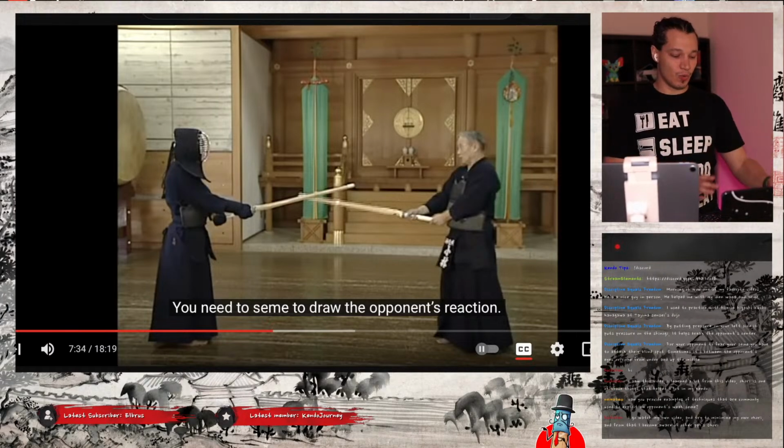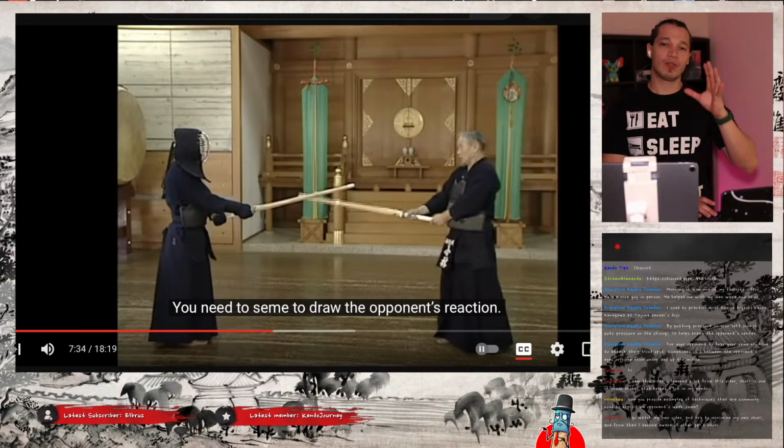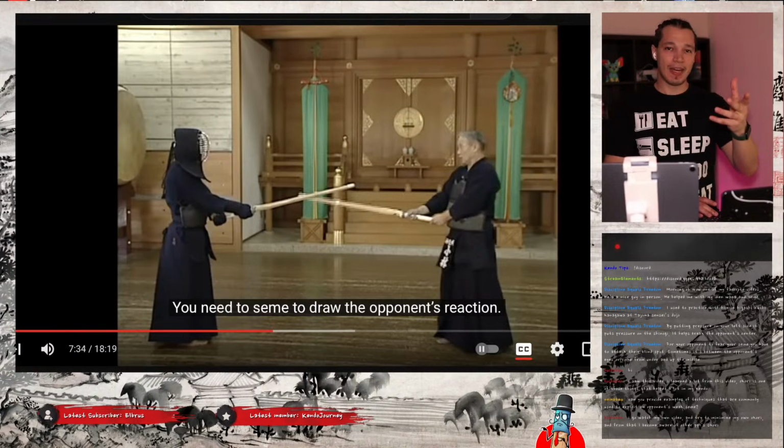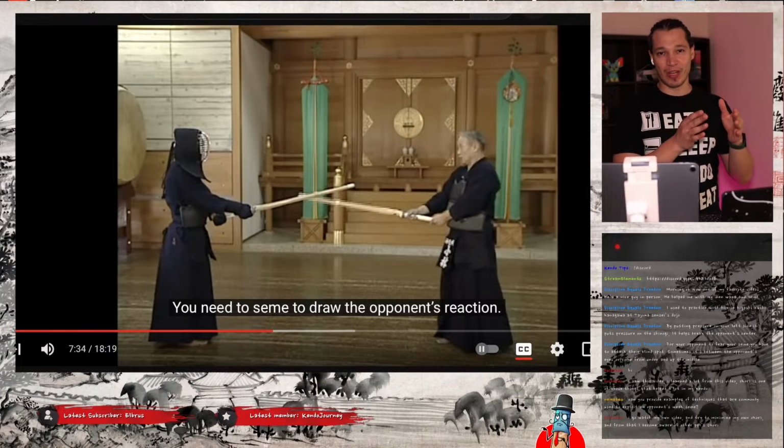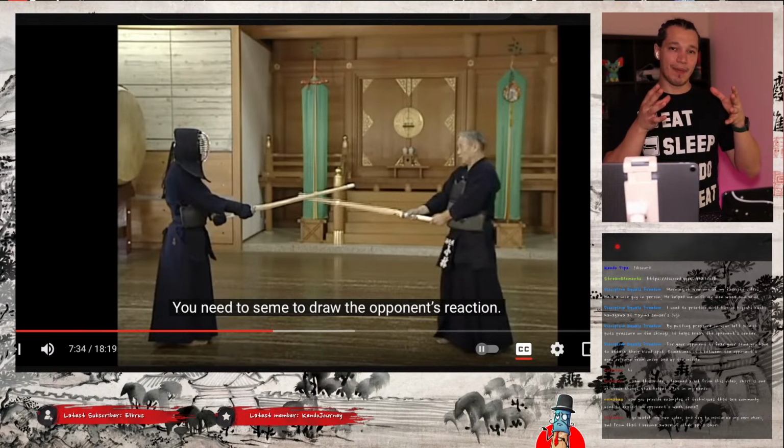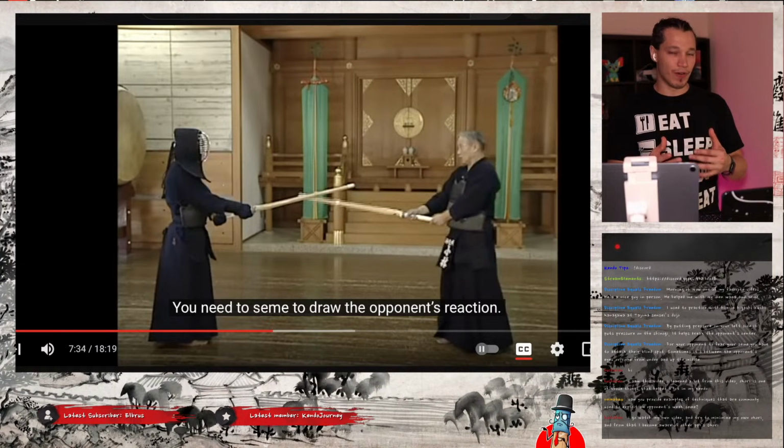So ideally, you want to set yourself up to be ready for that moment when your opponent makes the decision to attack. So in essence, you're trying to anticipate the movement and always be in a position where you can move fluidly when that opportunity comes in.